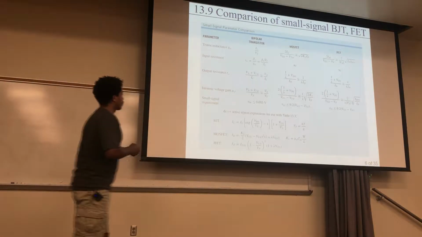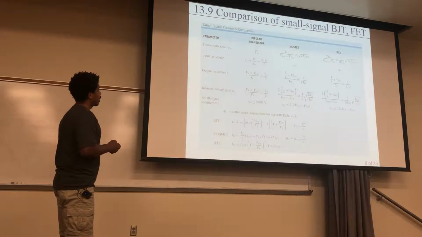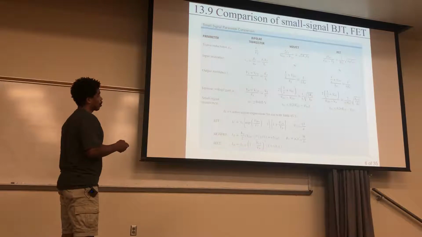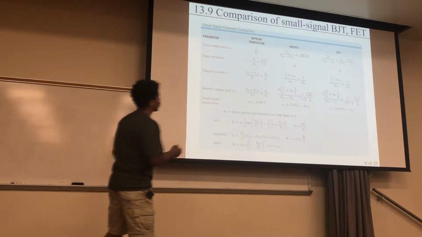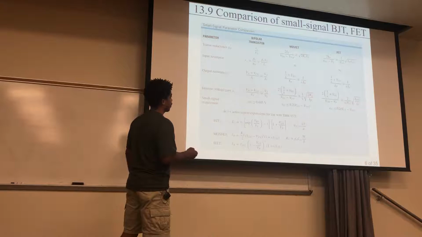For the intrinsic voltage gain, you have the early voltage over the thermal voltage. Both of these are constant, so this is invariant to other parameters. But for the MOSFET and the JFET, they can vary greatly.